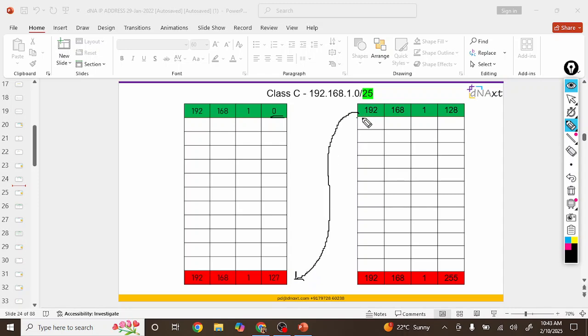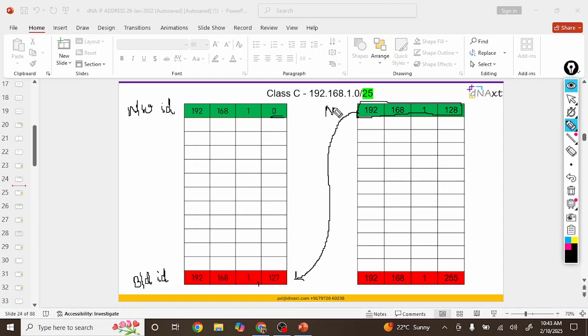Broadcast ID will be the last IP address. The previous IP address of your next subnetwork will be the broadcast ID for your first subnetwork. So the address before 192.168.1.128 will be 192.168.1.127. This is the broadcast ID for my first subnetwork. This is the network ID for my first subnetwork.